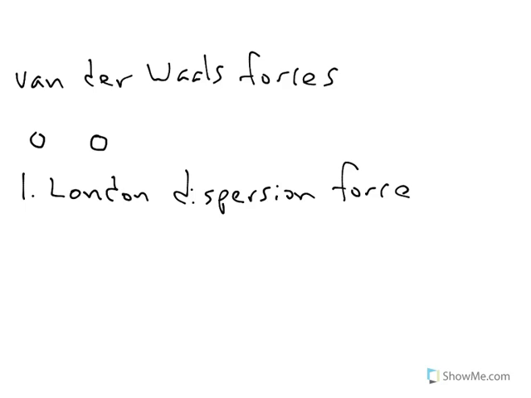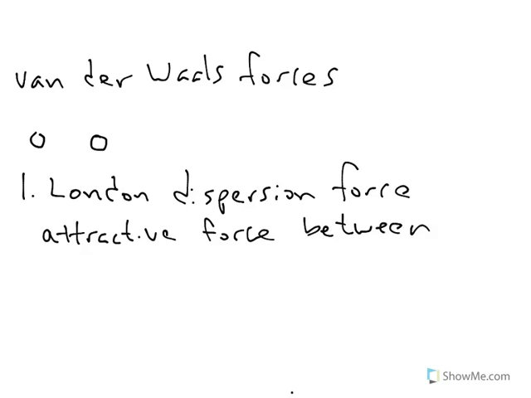What I mean by this is an attractive force between any two molecules. So the requirement to be able to participate in the dispersion force is that you just have to be a molecular compound. These London dispersion forces arise from something we call temporary dipoles.